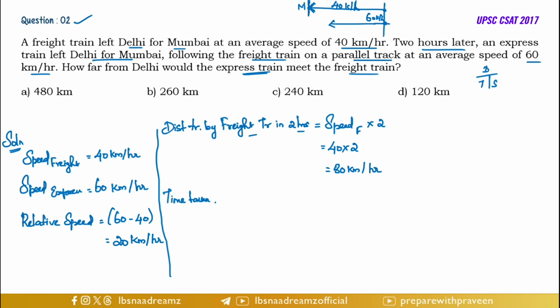Time taken by the express train to catch the freight train is equal to what? What is the formula for time taken? T is equal to d by s.